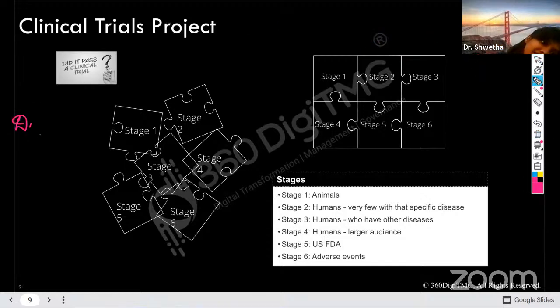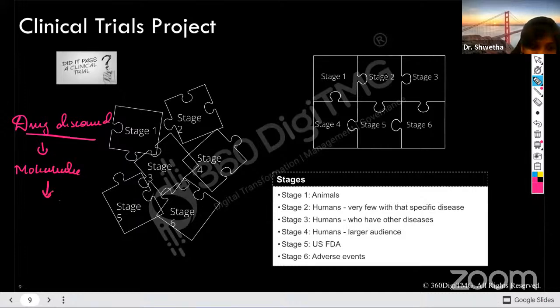when a drug is discovered, when you say drug discovery, it's nothing but in a lab, researchers have found out a molecule. This molecule now needs to be tested, first, if it is working well, and second, if it is producing any side effects in the body.